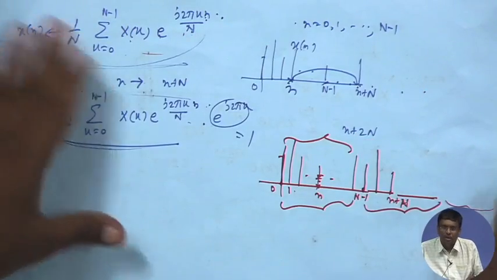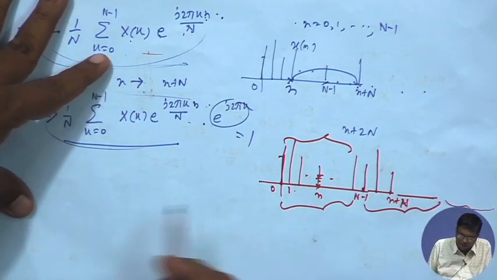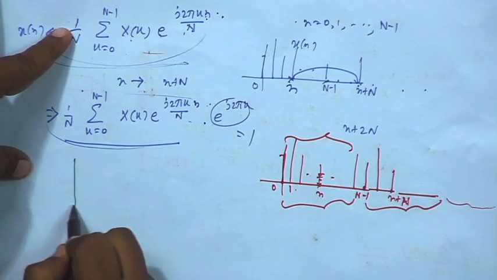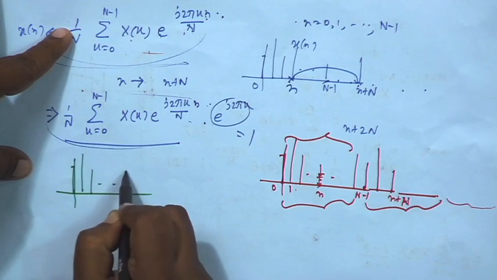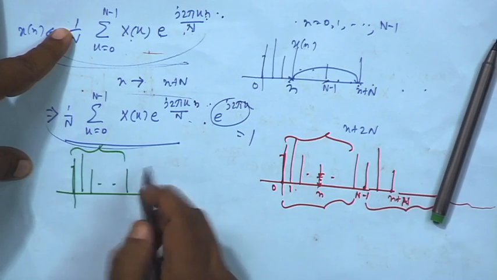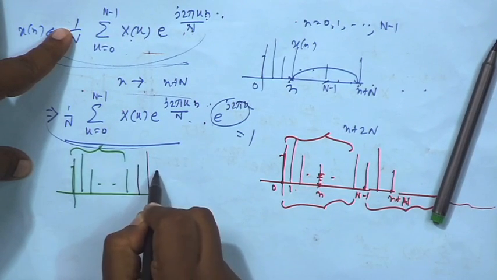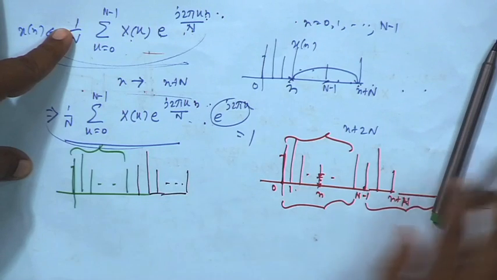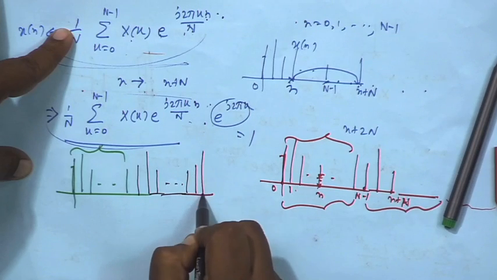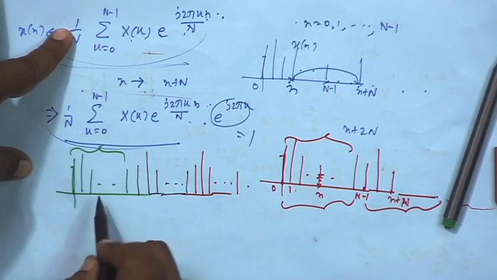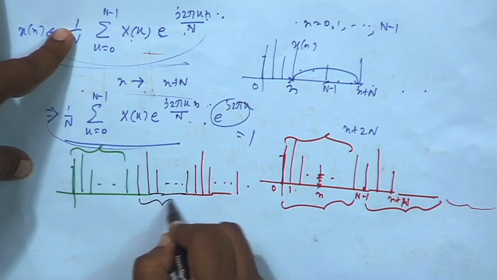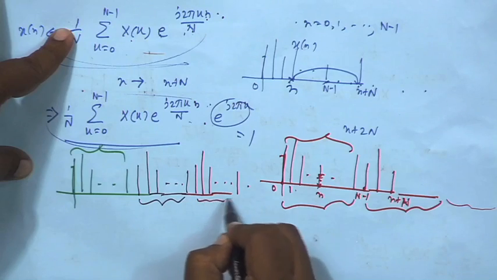Which means, if I give you a periodic sequence, in the opposite direction, this is one period and the same thing is repeating, this is another period, and it goes on.